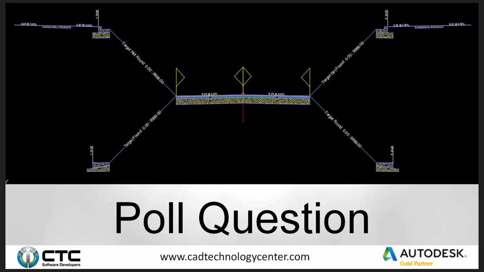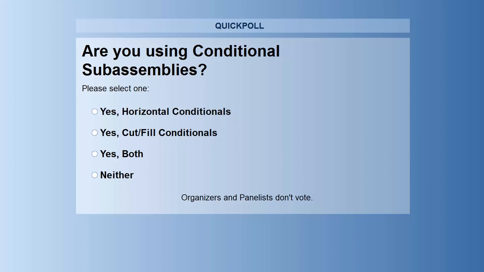And then my next poll question is, what type of conditional subassemblies are you actually using in your corridors? I'm just using horizontal conditionals, I'm using cut-fill conditionals, I'm using both, or I'm using neither. Looks like we got a good mix going on right now.